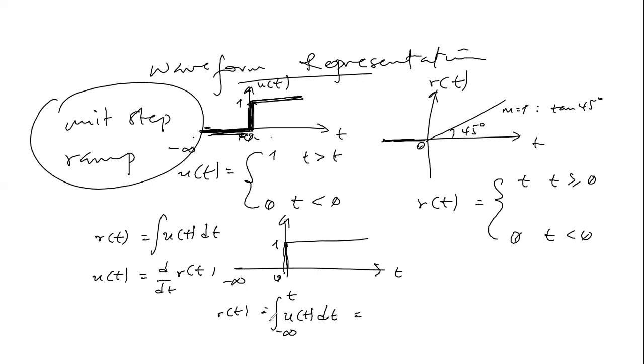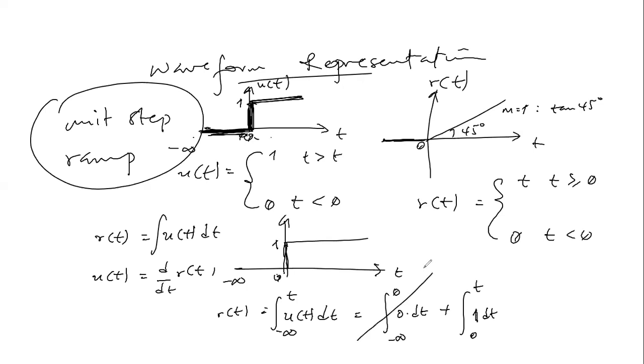We can split this expression into negative infinity to 0 and 0 to t. The integral from negative infinity to 0 has the value 0, dt, plus the integral from 0 to t of 1 dt, because the magnitude is 1.